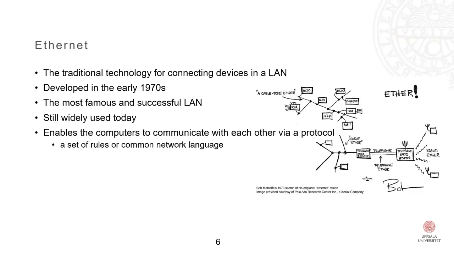So what it does is enable the computers to communicate with each other via a protocol. A protocol is simply the language that makes the computers communicate with each other inside the network. Earlier in the programming lecture, we saw that we humans interact with computers through programming languages, and we give them instructions and so on.